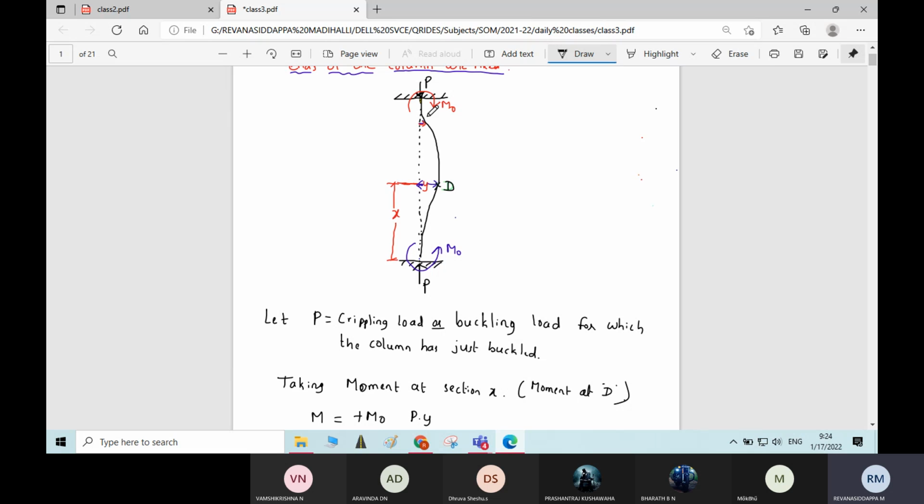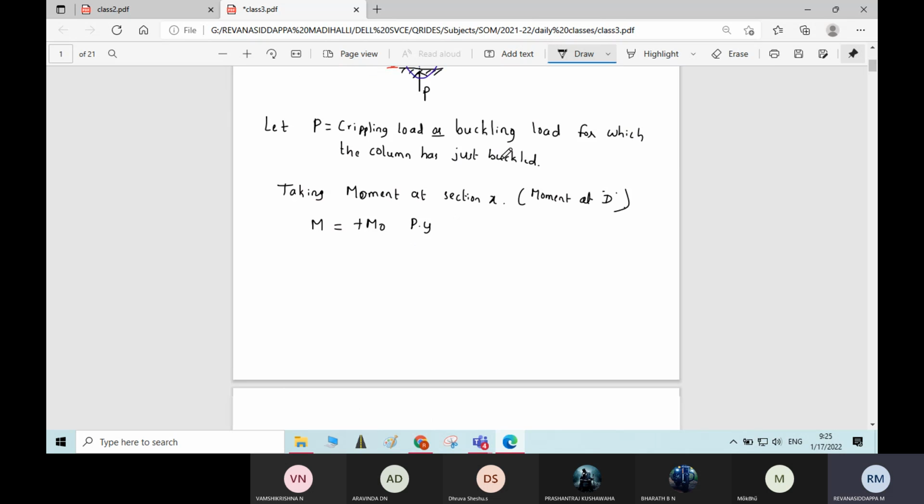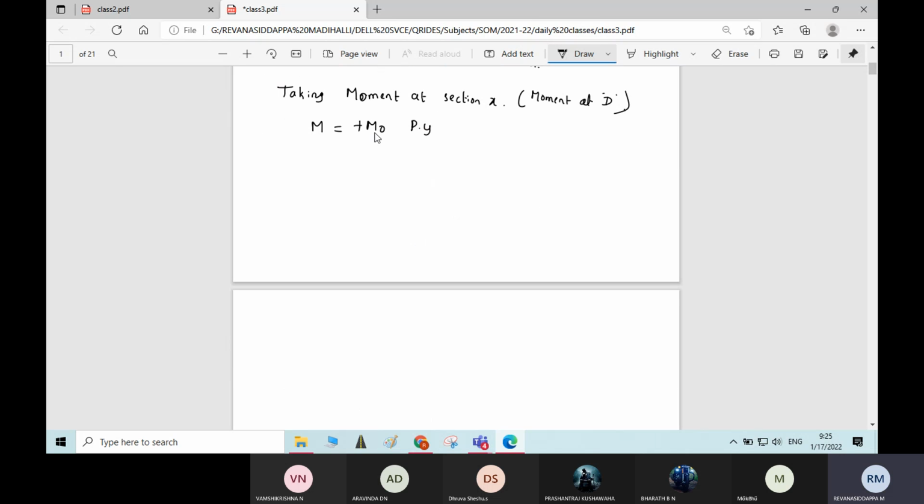About point D, force P, whether it is causing clockwise moment or anti-clockwise moment. See, about point D, the force P is causing the anti-clockwise moment. So the sign is minus.